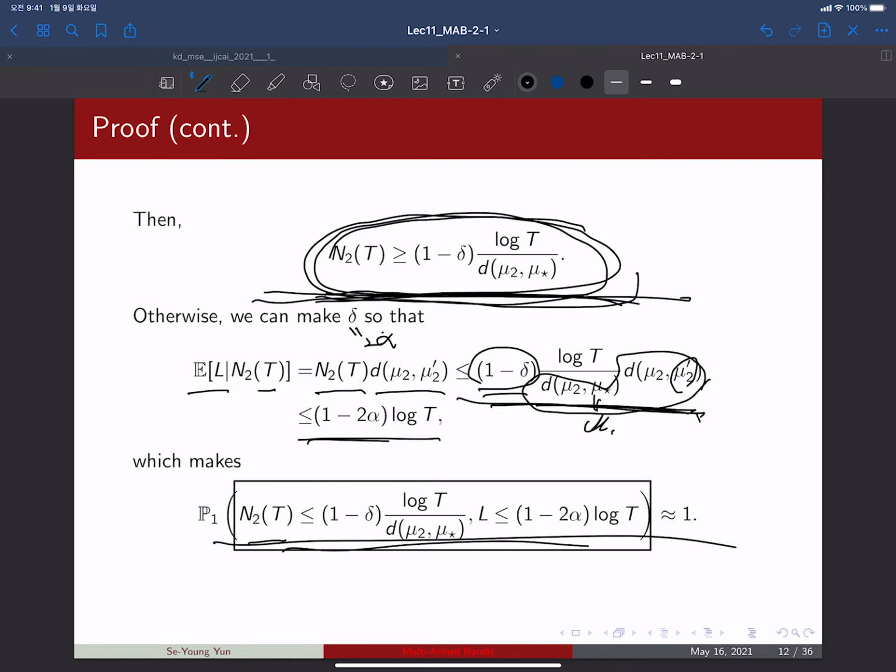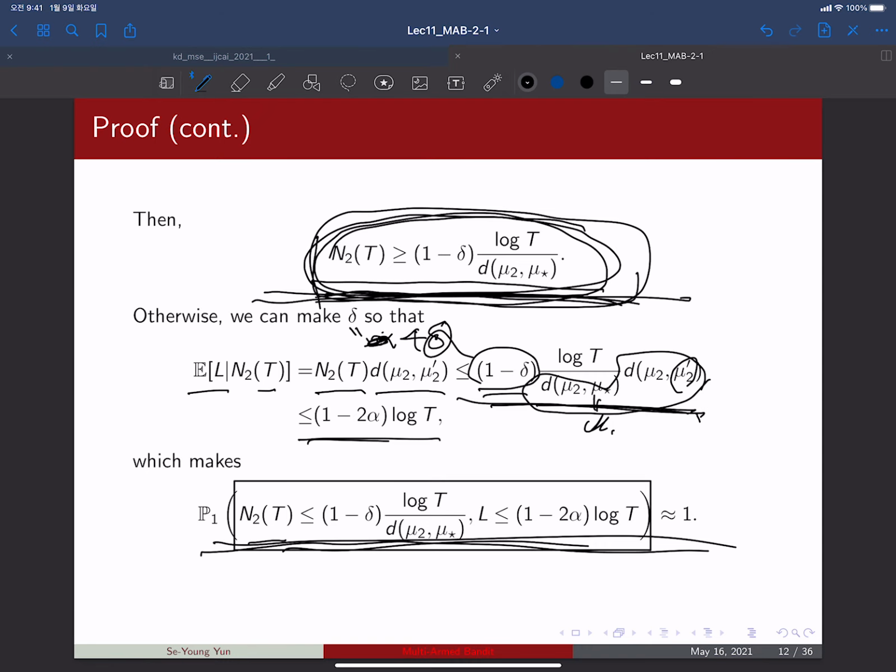I think it is better to set 4 delta here. Anyway, 4 alpha. So when you assume this is not true, we can show that this probability is close to 1, but this contradicts the previous slide's result, which by contradiction means that n to t is greater than or equal to 1 minus delta log t over d mu2 mu star.